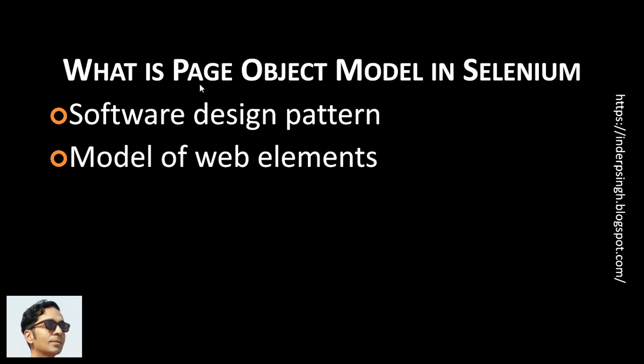So what is Page Object Model? It is a software design pattern that is recommended and widely used in test automation. Now your tests interact with certain elements of the web pages. These web elements are modeled in the Page Object Model.